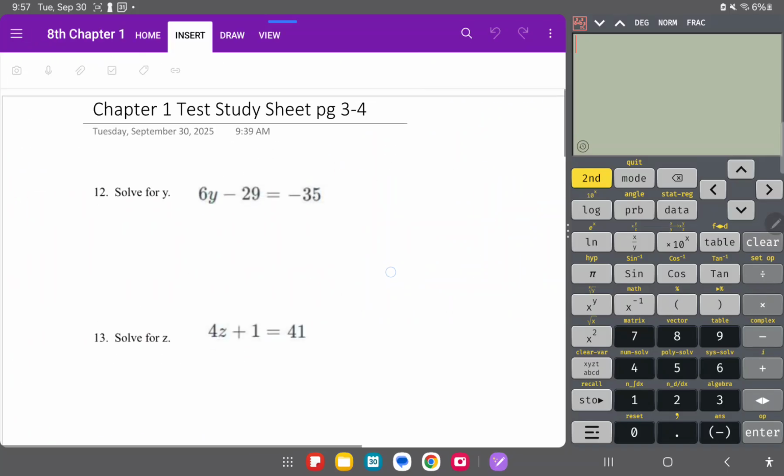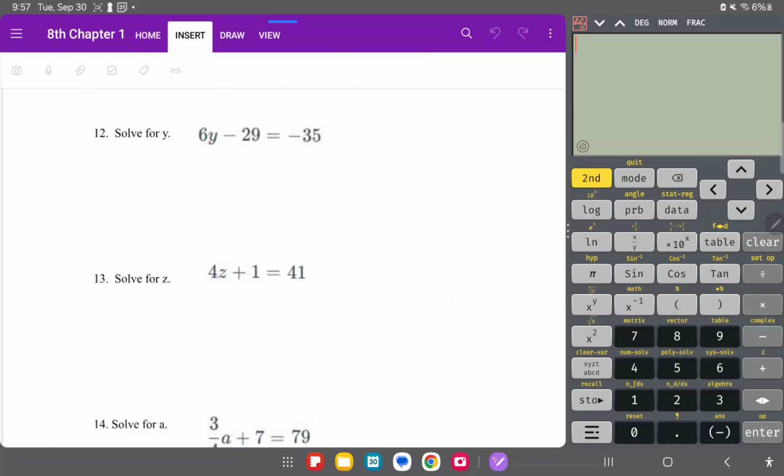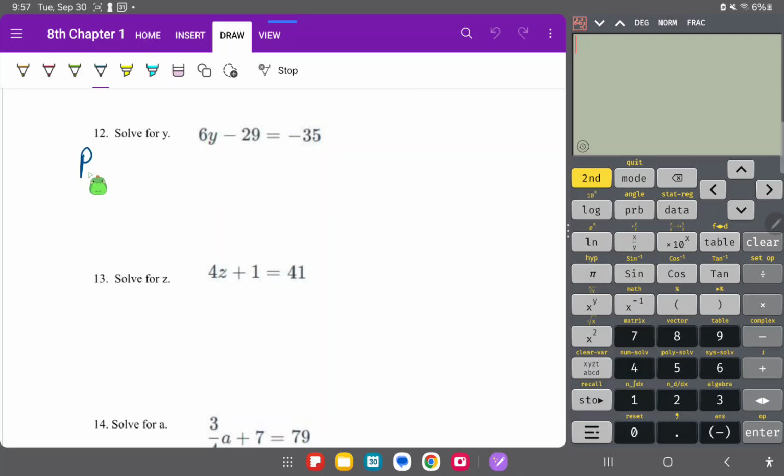So on number 12, we're going to solve for 6y, solve for y. So we want to follow our steps, right? There's no parentheses. There are no like terms to be combined, and the variables are all just right there. But what we do need to do is move the constant right here over to the other side, right?